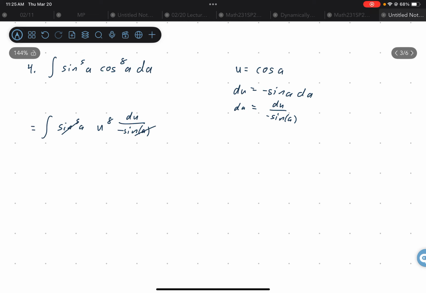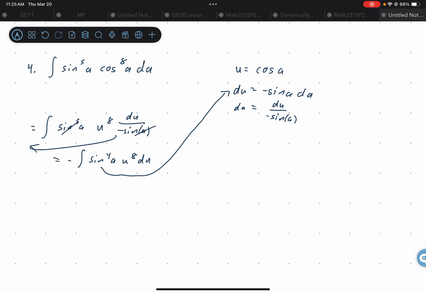One of these will cancel out, one of those will cancel out, and we'll take the negative to the front, so we'll have negative integral sine 4a u to the 8 du. We still have this sine 4a. So how do we get rid of that? Well, usually what we do is we just relate sine, or whatever term we have left, to be in terms of u.